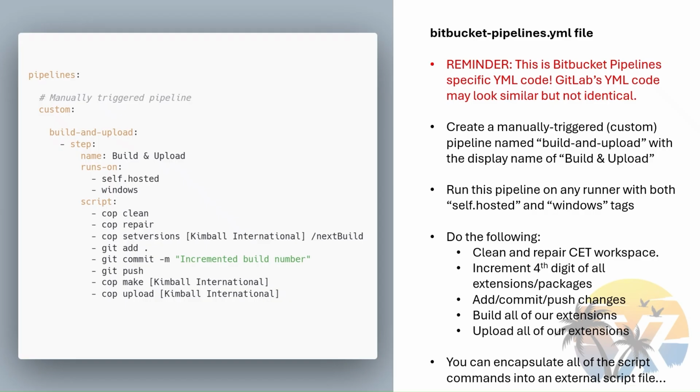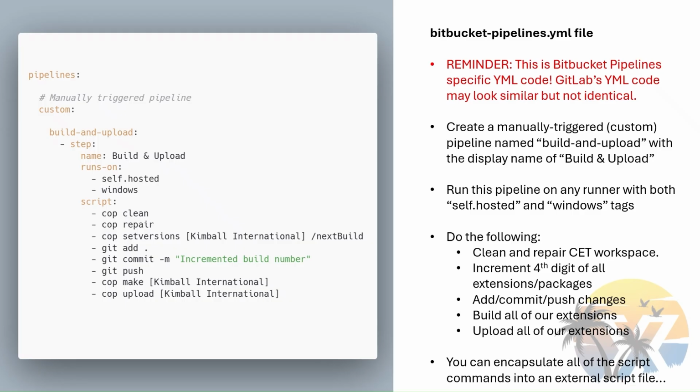So this is a YAML file that lives at the root of our repository, and I'm going to read it from top to bottom. So first, pipelines. It's saying everything below is part of a pipeline. So custom. That custom key means everything below that is a pipeline that is manually triggered by the user.